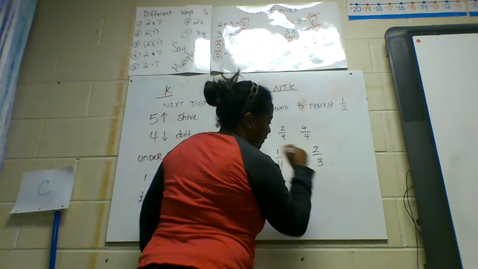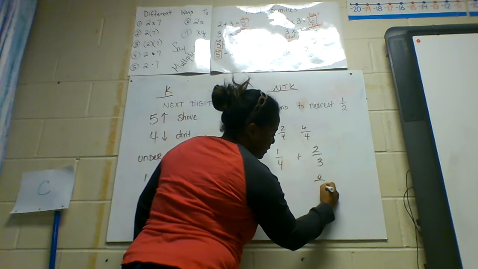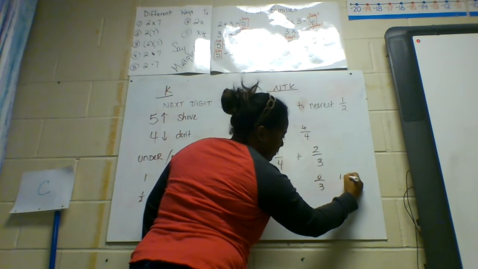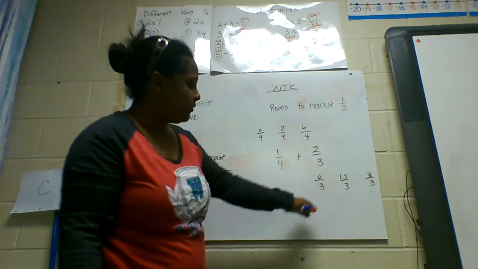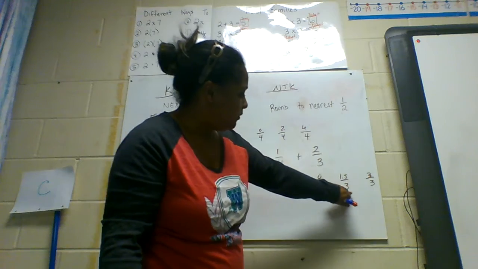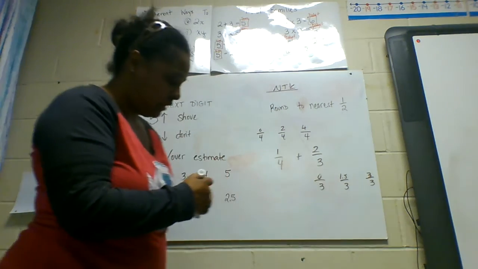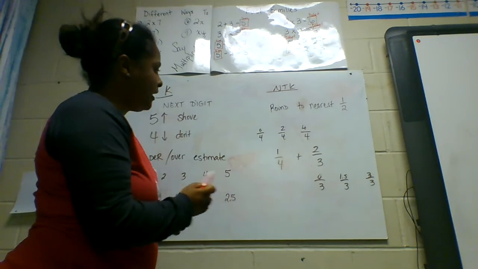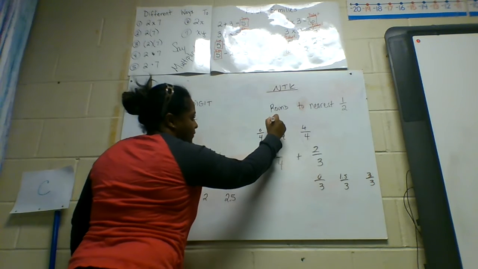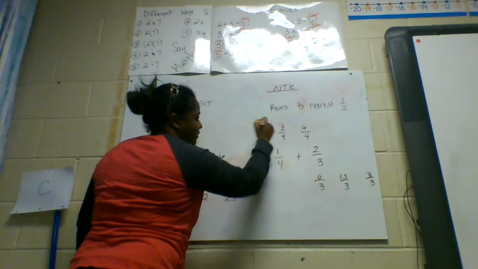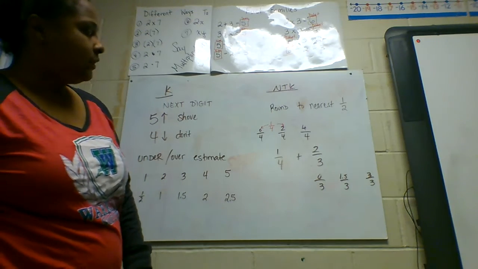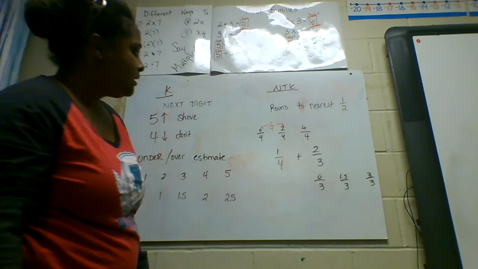So then we have thirds. 0 over 3, 1.5 over 3, 3 over 3. These are our benchmarks. 0, 1 half, 1 whole. Okay? So now what we have is 1/4. Now 1/4 is directly in the middle between 0 and 1 half. Okay?